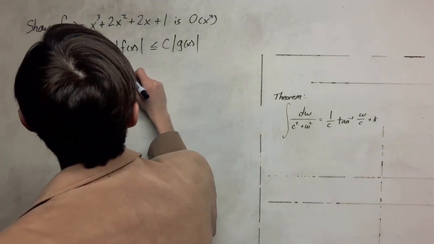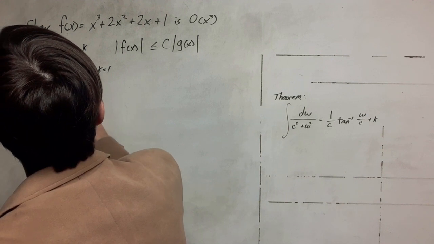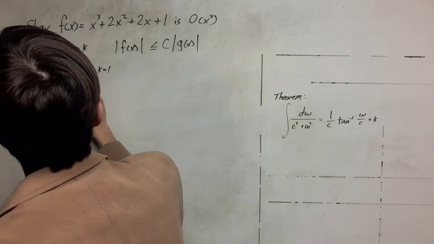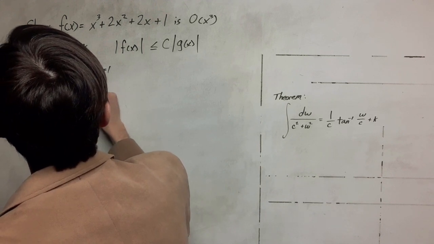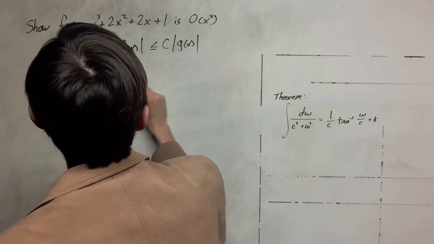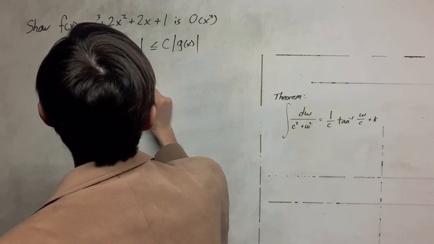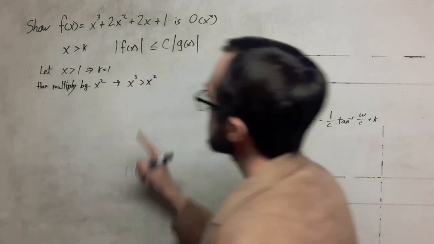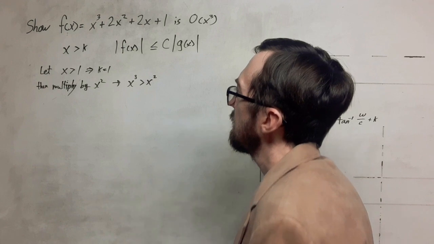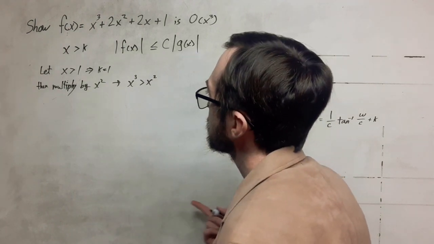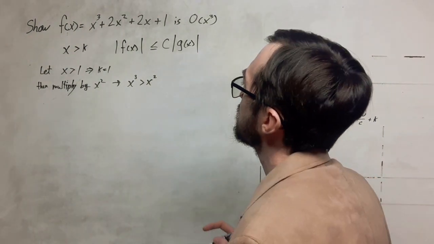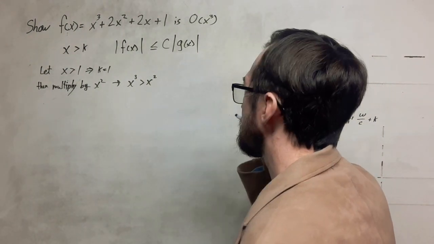So then multiply by x squared. All right. So we have that x cubed is greater than x squared. Hopefully that makes some intuitive sense that an x cubed would be greater than an x squared.